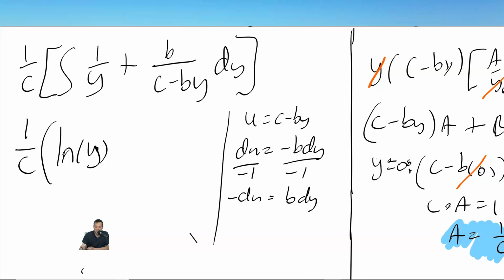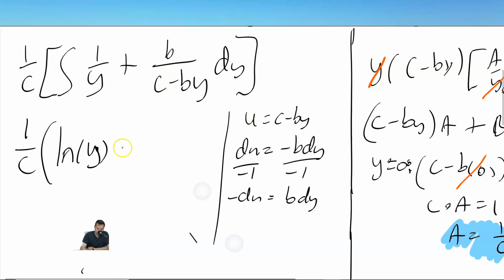And I want to stop here because take a look. You see b dy is already present right here where I'm moving my cursor. And now I know that b dy is also equal to negative du from this line. So I can make that replacement, b dy with negative du and c minus by with u. So let's do that.